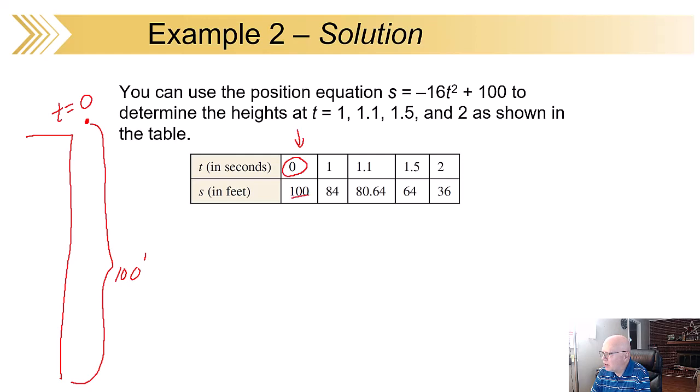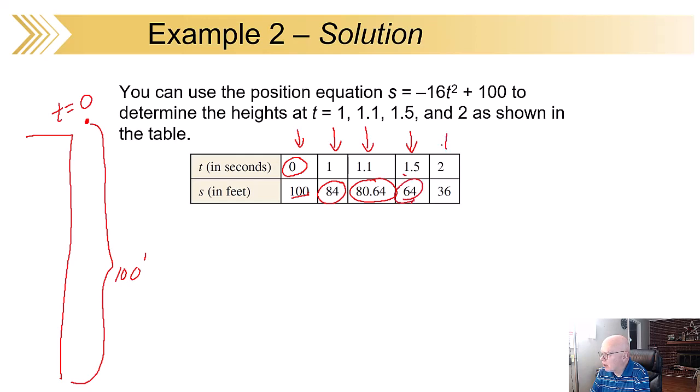It's 100 feet in the air. What does the second one mean? It means 1 second has gone by and the stone is still 84 feet in the air. The third one means 1.1 second has gone by, and this is where the stone is, 80.64 feet above that ground. Next one, the stone has been traveling for 1.5 seconds, and it's 64 feet above the ground.